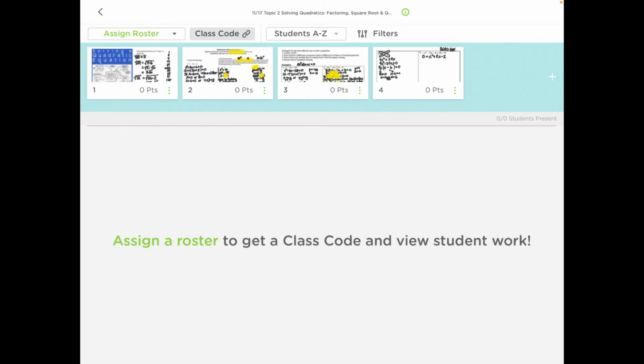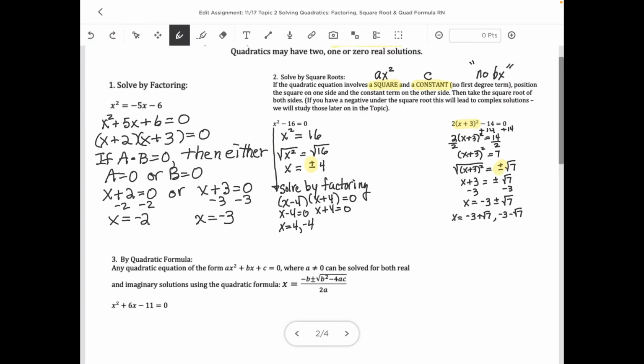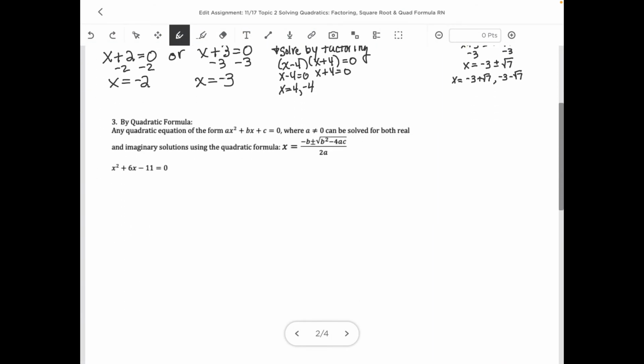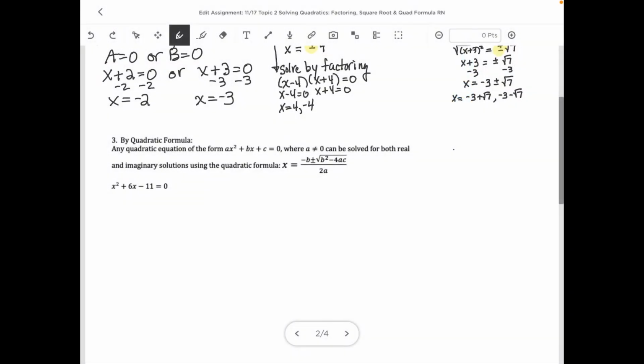Okay, so let's go back to the first slide and let's review the quadratic formula. So that's number 3. All right, so solving by the quadratic formula means that we will use the quadratic formula to determine the solutions. The quadratic formula is right here.